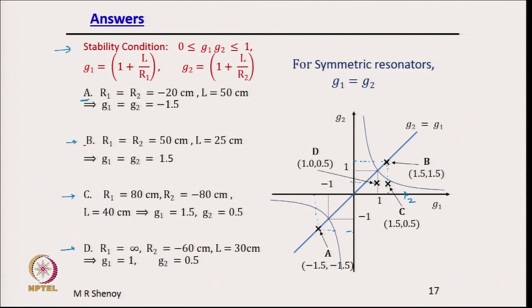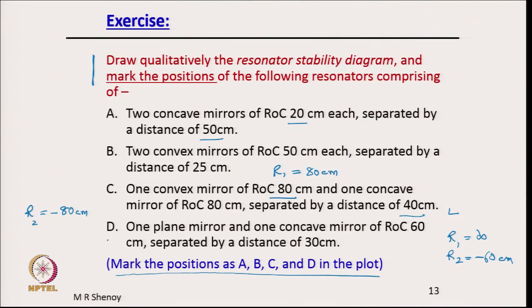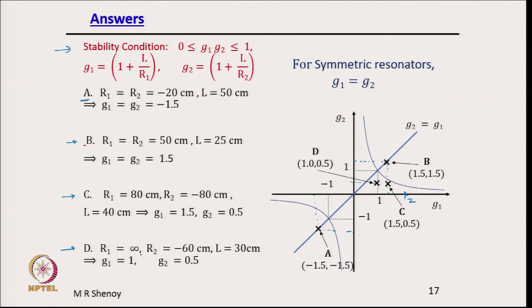For the last one, that is D, please see here: one plane mirror and one concave mirror of ROC 60 centimeter. So, R1 is infinity, R2 is minus 60 and L is 30 centimeters, and therefore, G1 is equal to 1 and G2 is equal to 0.5.